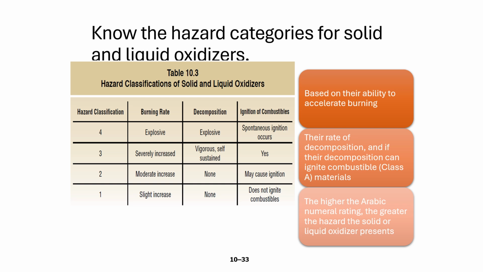The higher the Arabic number rating, the greater the hazard the solid or liquid oxidizer presents. So if you look at table 10.3, when we look at hazard classification 4, we are looking at very volatile, very unstable types of materials, where we're looking at explosive.